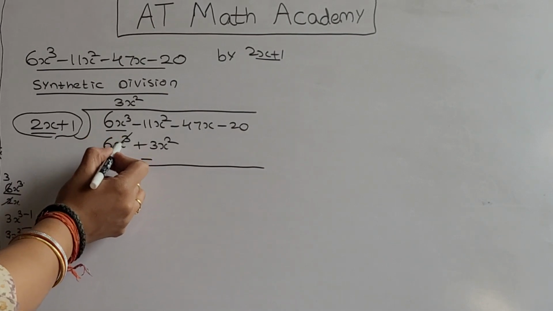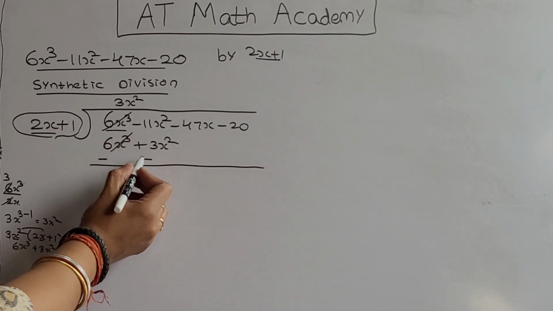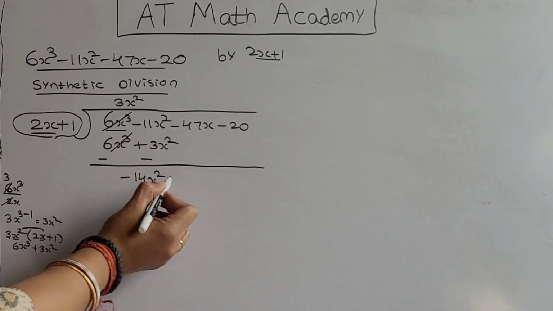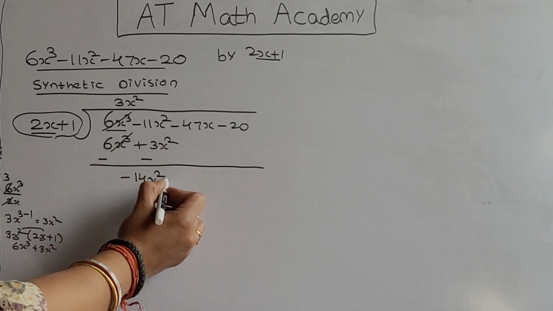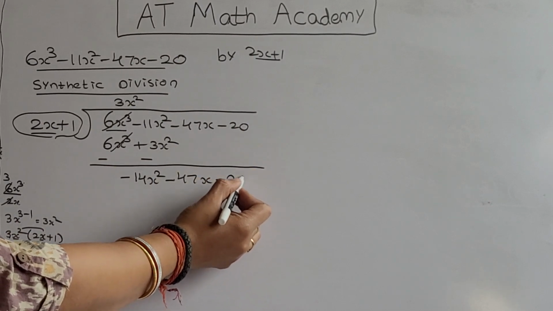So 6x cubed minus 6x cubed gets eliminated, and minus 11x squared minus 3x squared gives me minus 14x squared, and the remaining terms I can write here, minus 47x, and I have the constant as minus 20.